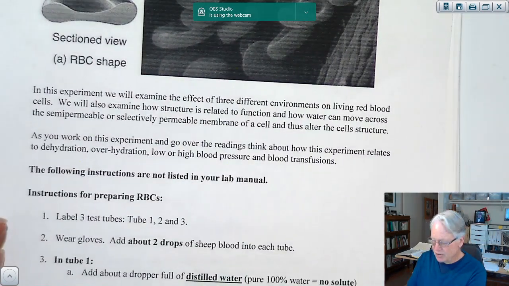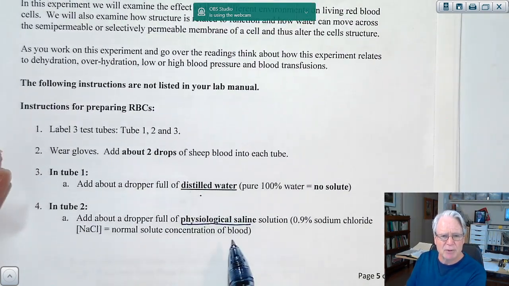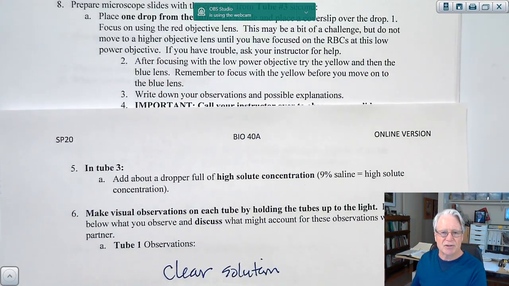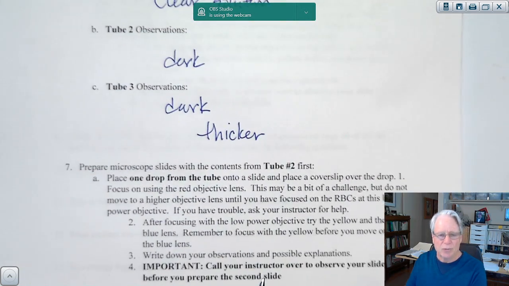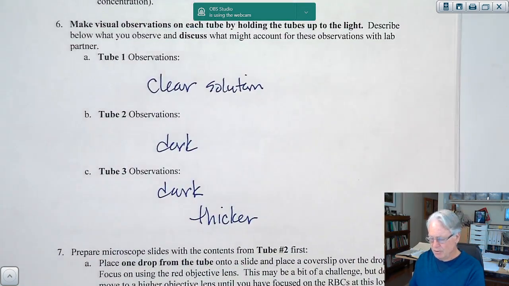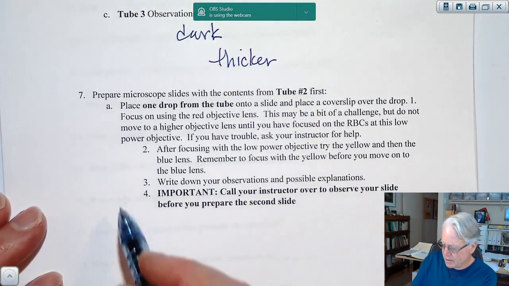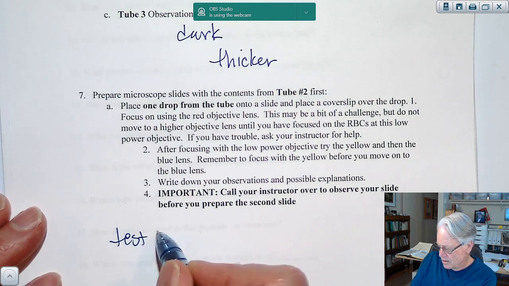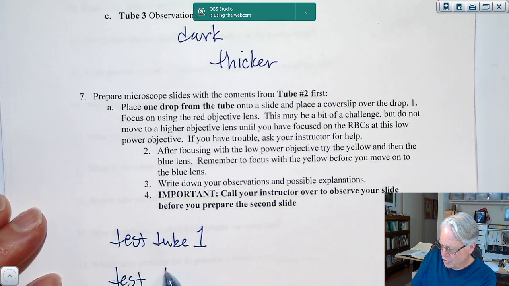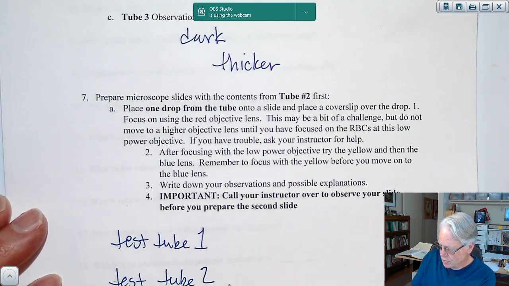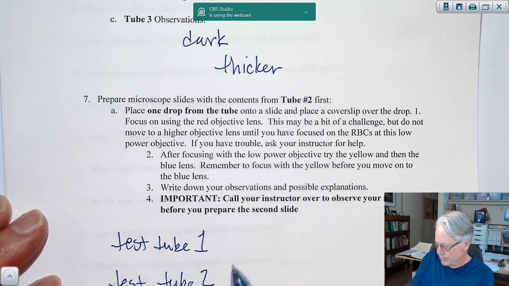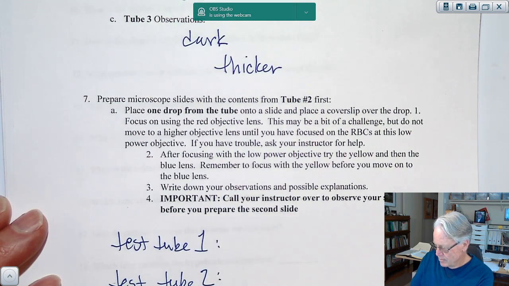In test tube number 1, distilled water. Test tube number 2, physiological saline. In test tube number 3, we had a high concentration. So what do you suppose would happen? Let's make our predictions: test tube 1, test tube 2, test tube 3.